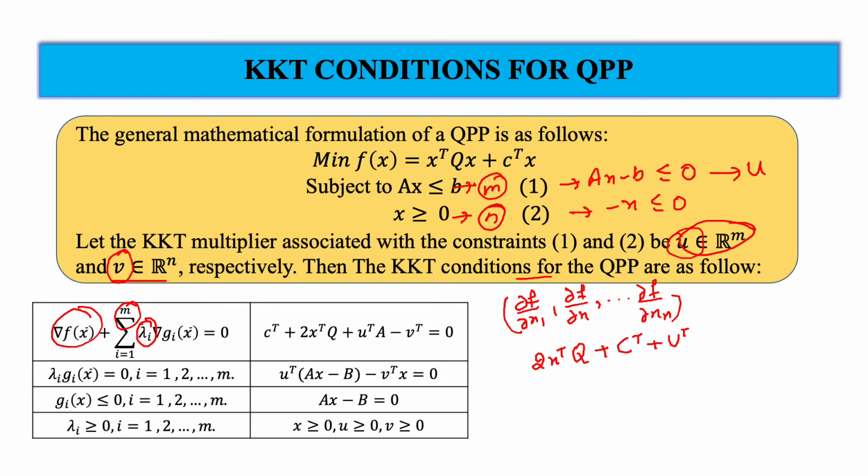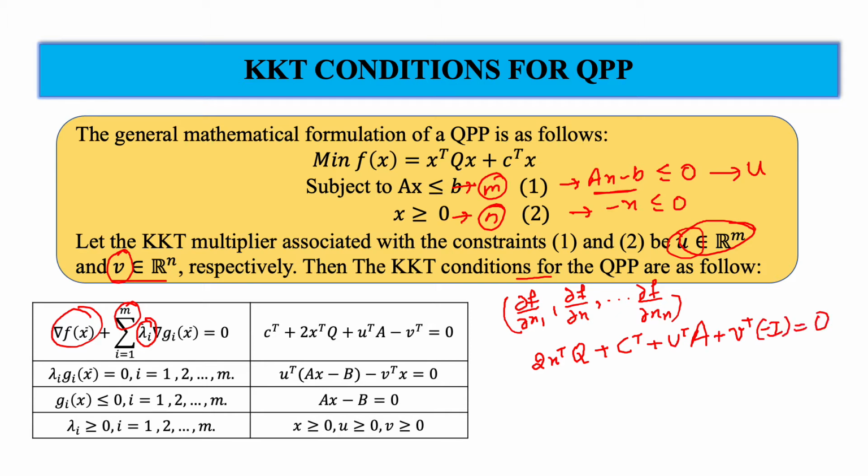If you differentiate this constraint, you will get A. Similarly, for the next constraint we have v transpose, and the negative sign is there, because when you differentiate it, its differentiation is minus I basically.